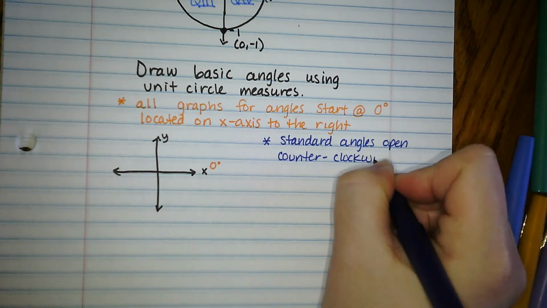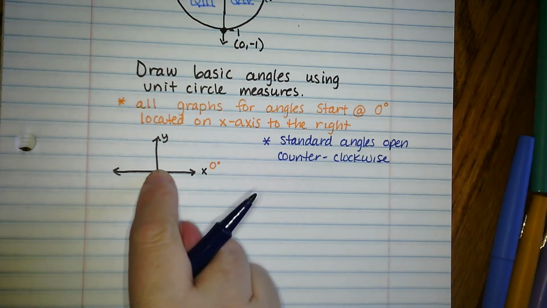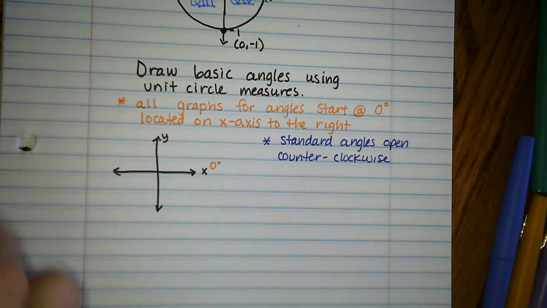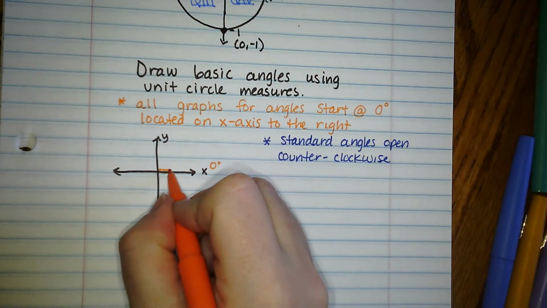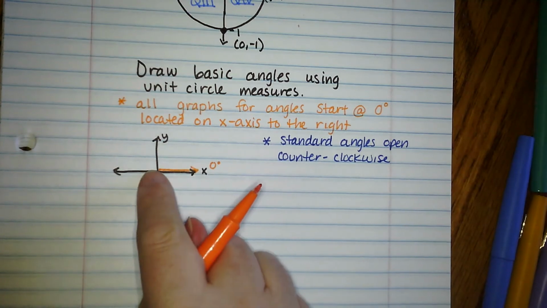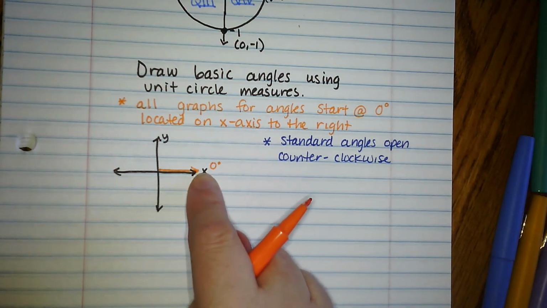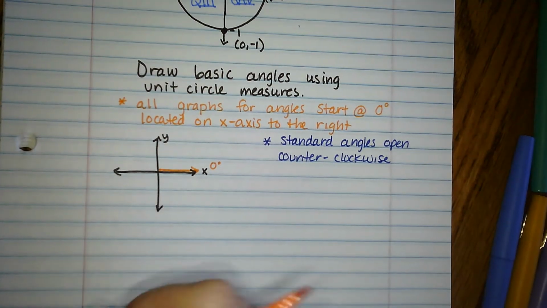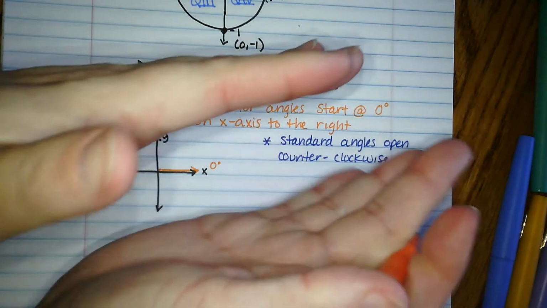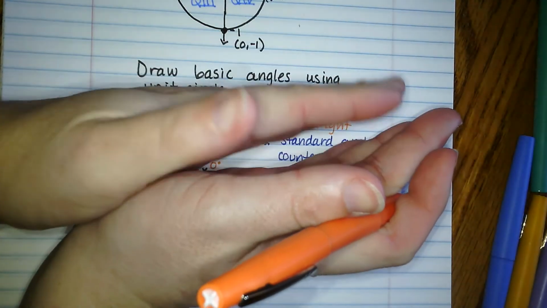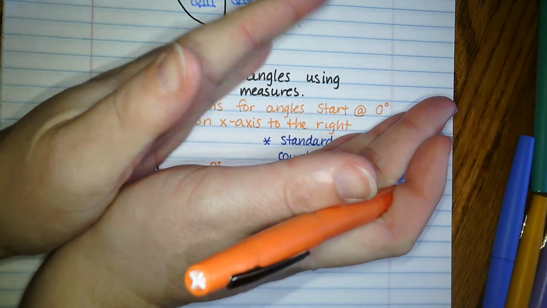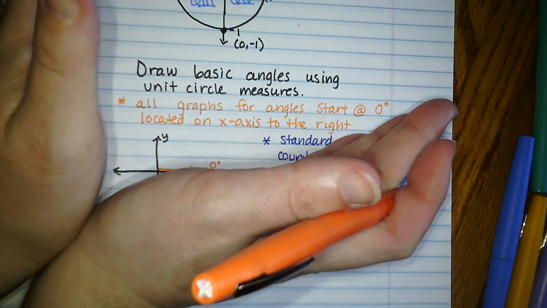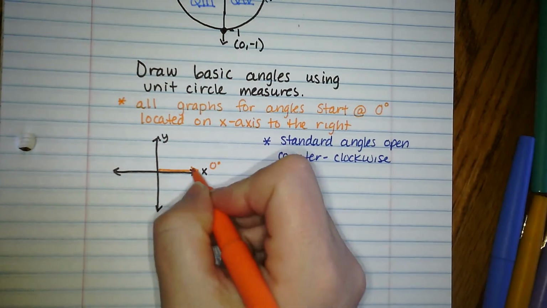What that means is 0 is standard and it stays here. This is our initial ray. In an angle, this is like the beginning part of our angle. It always starts at 0. And then depending on how big it is, we crank it open. So this is base, and then this could be 10 degrees, this could be 30 degrees, this could be 80 degrees, this is 90 degrees. So basically it opens up counterclockwise.